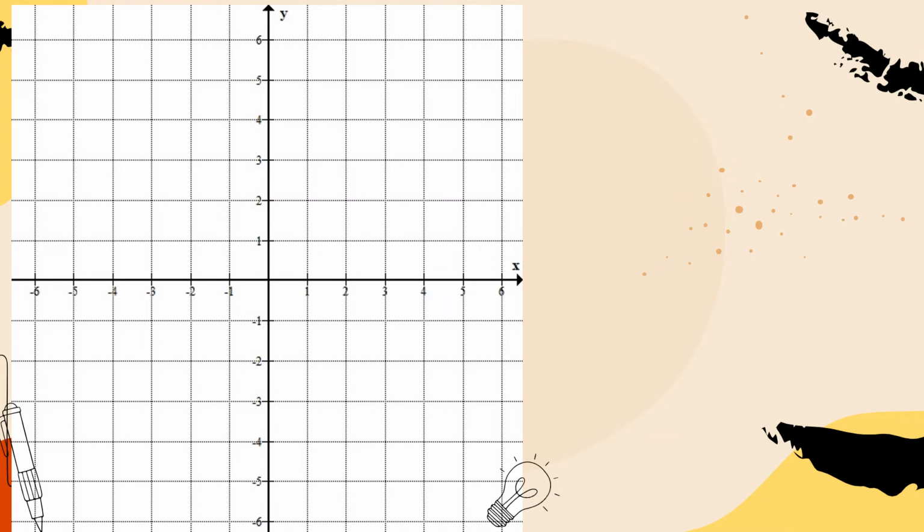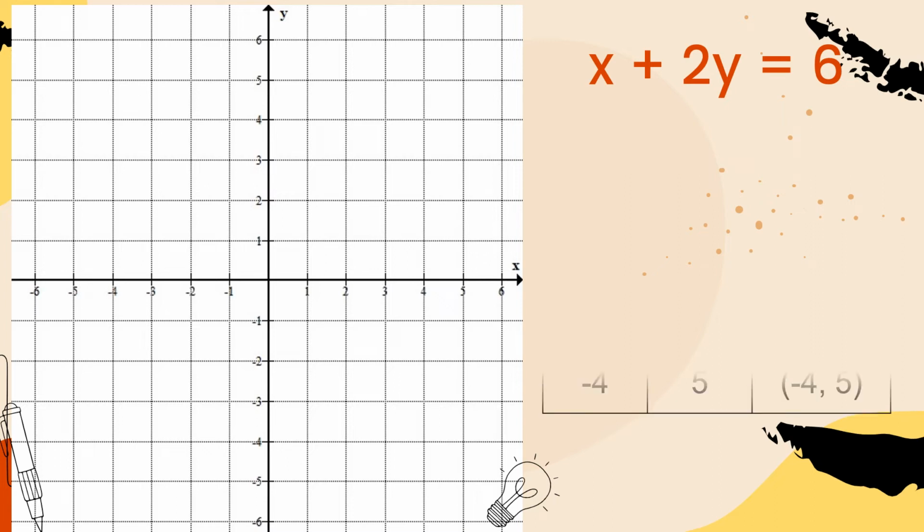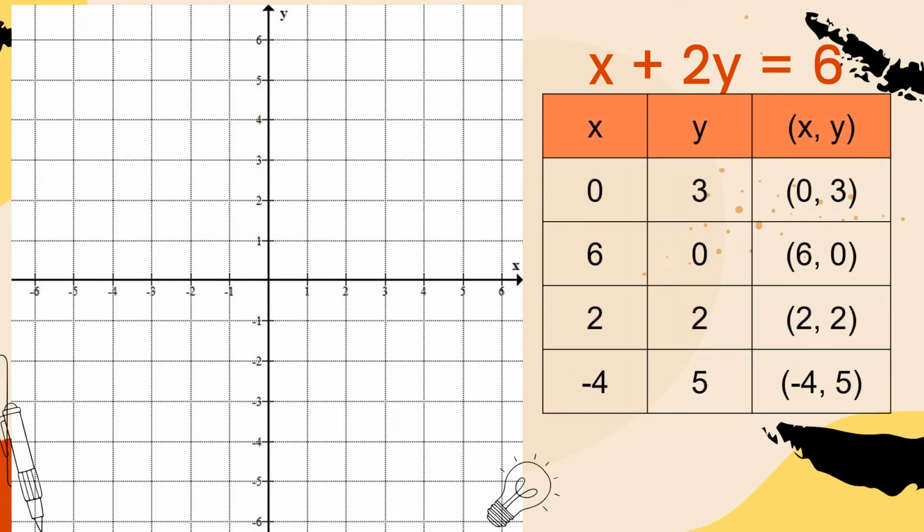So, yung nasa left, ipakita ko ulit siya. Yan ang ating Cartesian plane. So, ang ating linear equation na given ay x plus 2y is equal to 6. So, ito yung mga nabuo natin kanina. We have 0, 3. So, pag pinagsama siya as ordered pair, we have 0, 3.